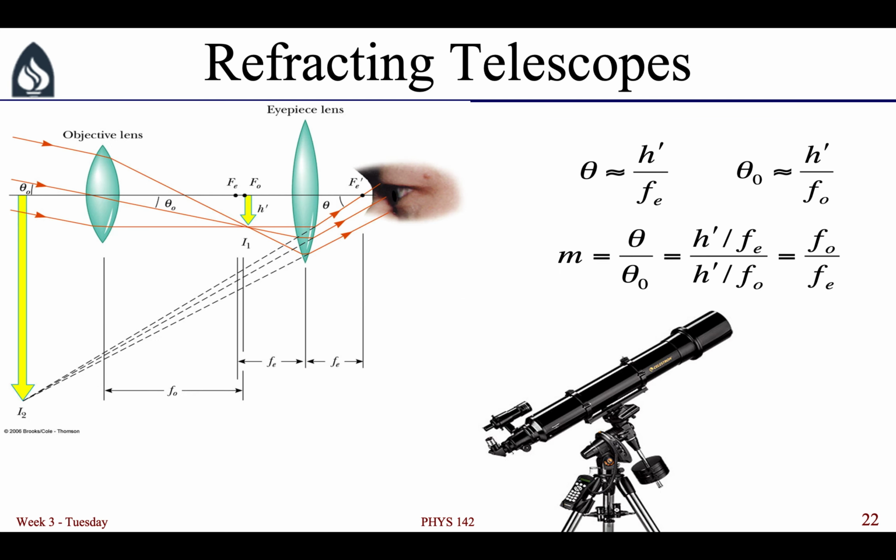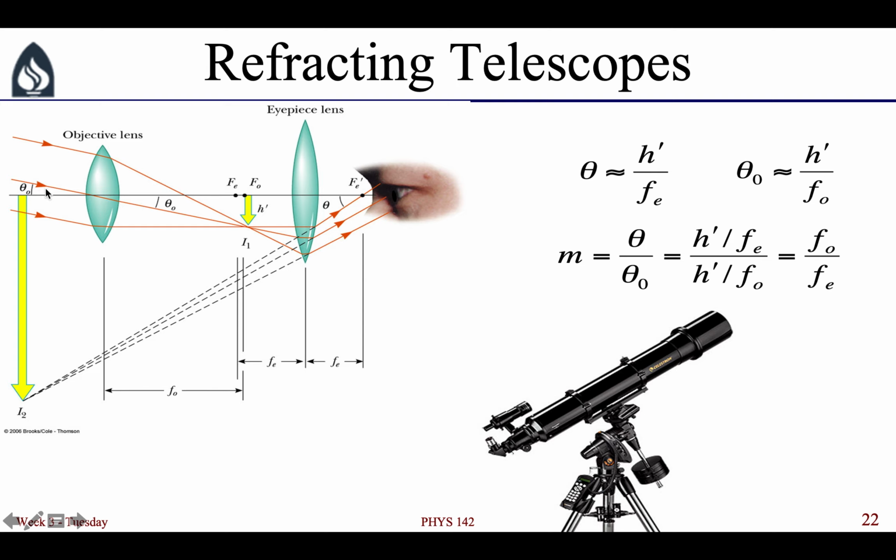So if we want to figure out the angular magnification of a telescope, we can look and see what the angle is both with and without the lens. So if we look at without the lens, or without the telescope, the light rays are coming in at some angle with respect to the principal axis.